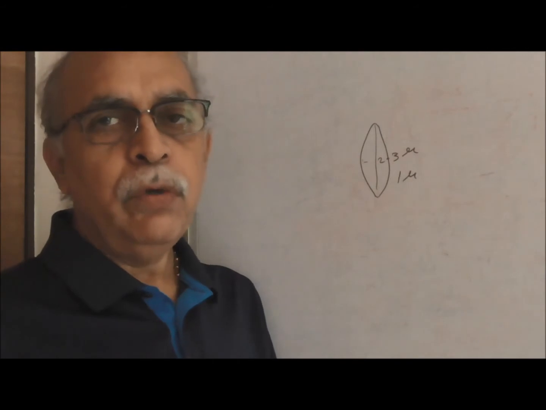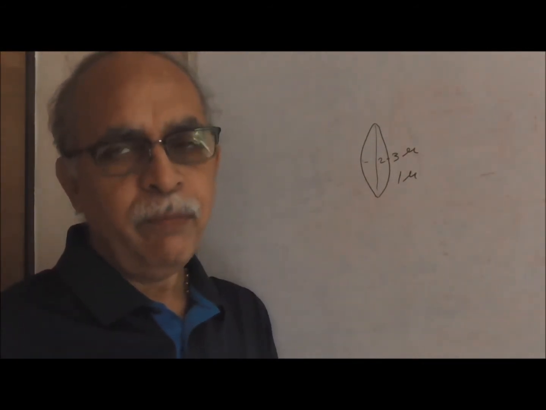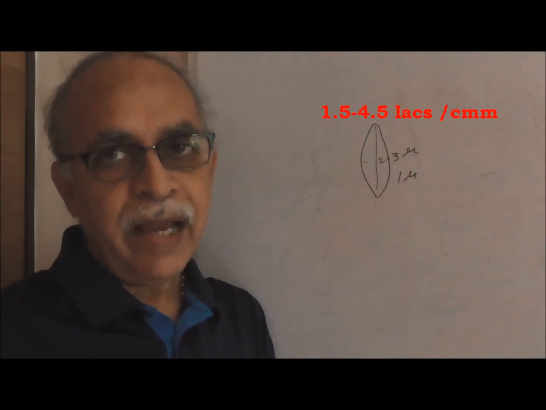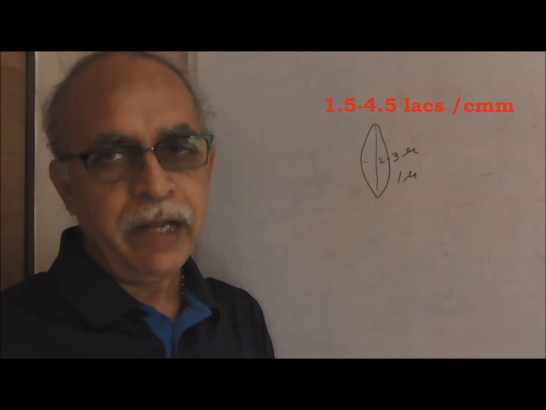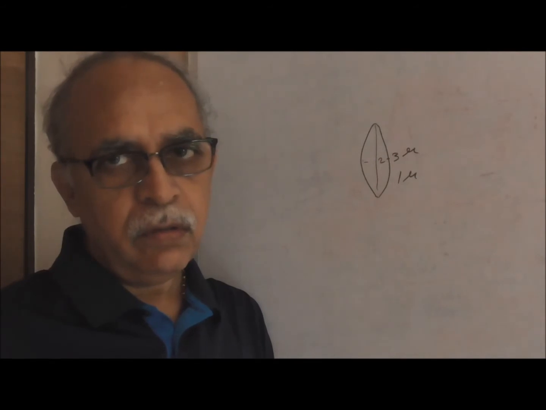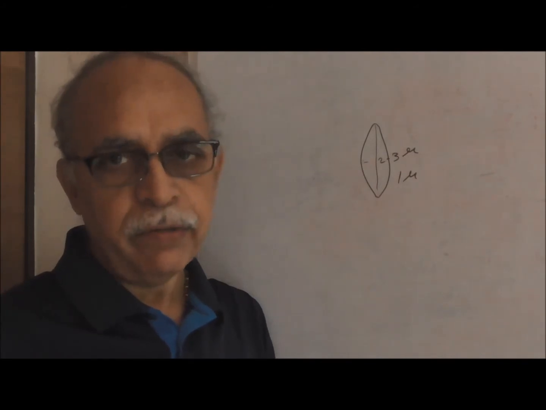As compared to RBCs, these are smaller in number, about 1.5 to 4.5 lakhs per cubic millimeter of blood. That is 150,000 to 450,000 per cubic millimeter of blood. That's the number.